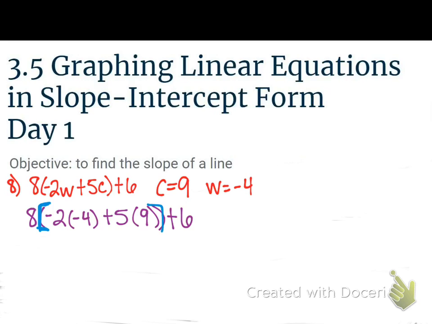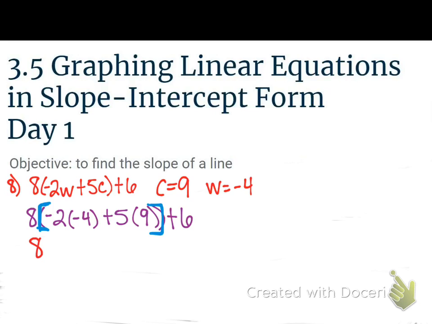Inside here is where we're focusing. So inside our big set of parentheses, what should we do first? Hunter? -2 -4. Good, we can start off by multiplying.